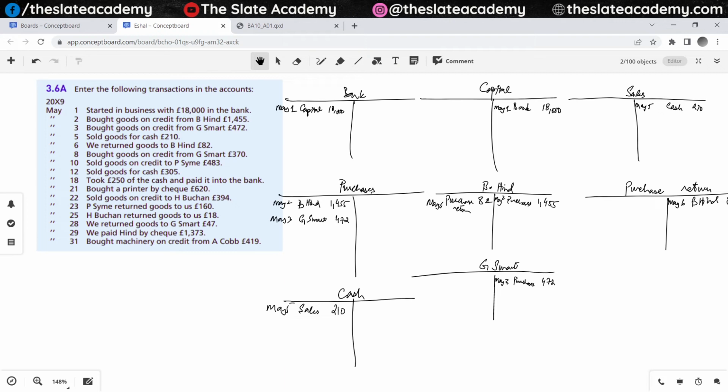Okay. May 8 bought goods on credit from G Smart. Again, how much? 370. So G Smart credit 370. Actually, there is a chance that I make a mistake in any of the transactions. You'll correct me if I do that. Goods on credit from G Smart 370. So 370 purchases, and date is May 8.